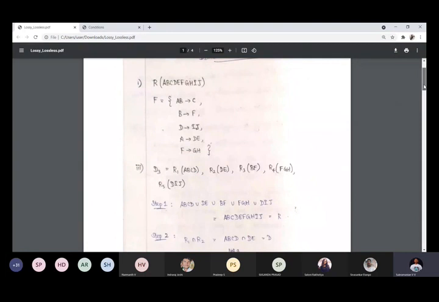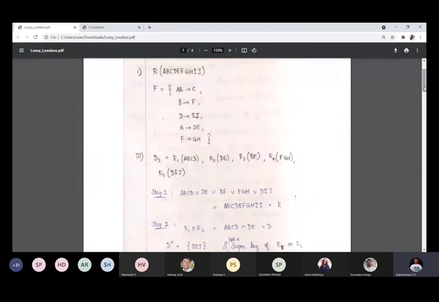The relation is decomposed into 5 relations: R1 is ABCD, R2 is DE, R3 is BF, R4 is FGH, and R5 is DIJ. We have to check if this decomposition is lossless or lossy.